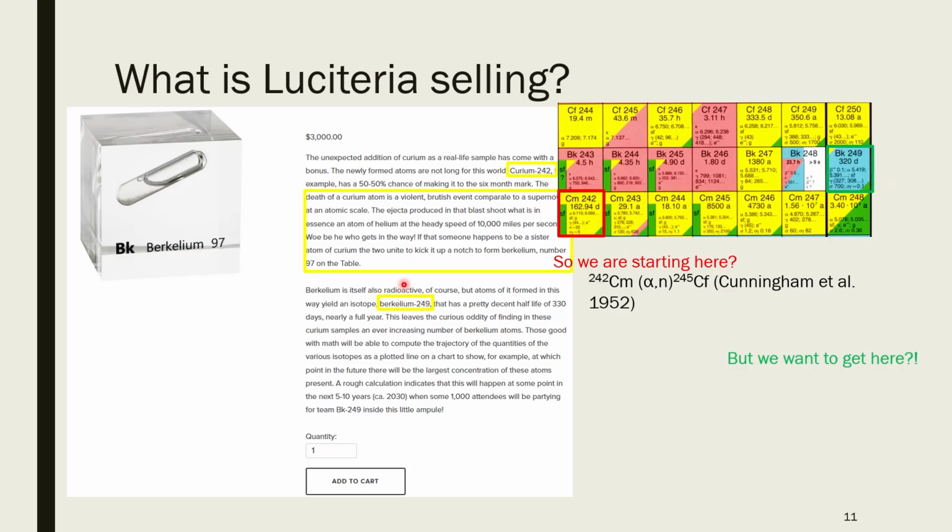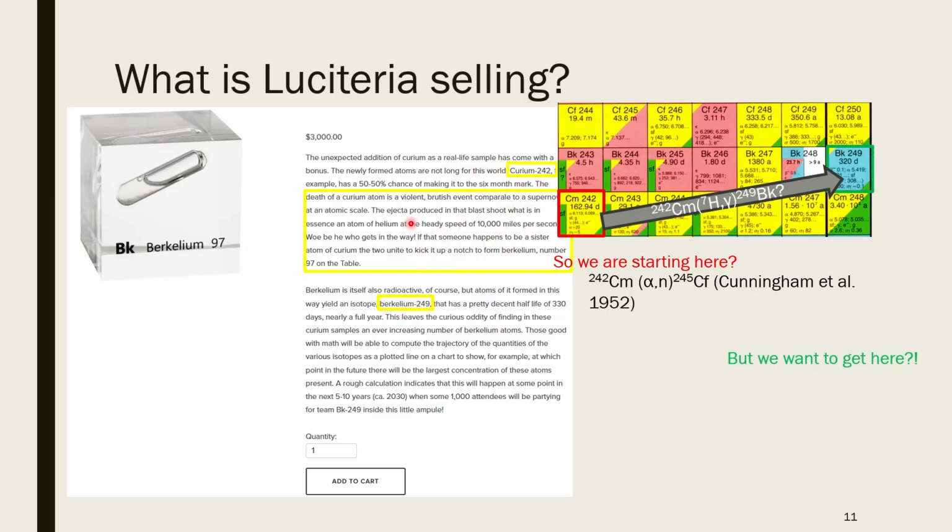We want to get here because they are talking about berkelium-249, the most important radionuclide of berkelium. But it's not something you might be able to produce from curium-242, because otherwise I don't see a point in mentioning this in this paragraph.